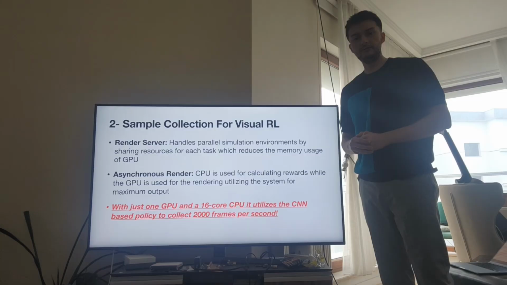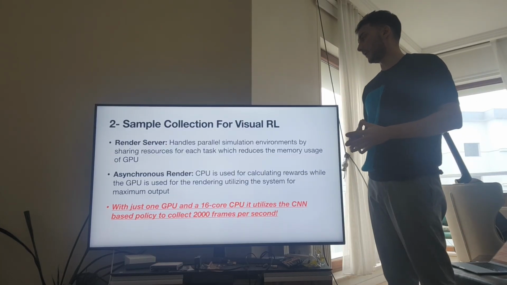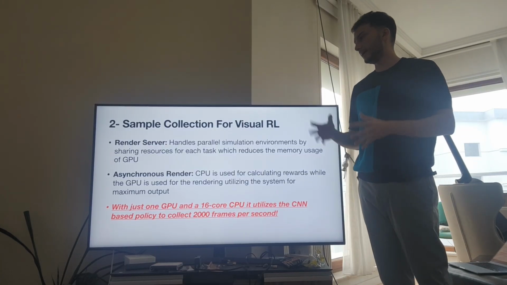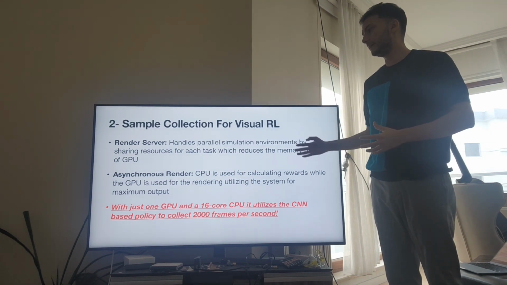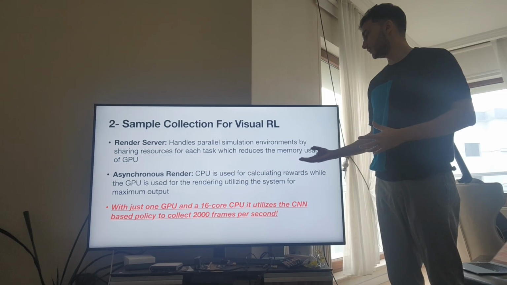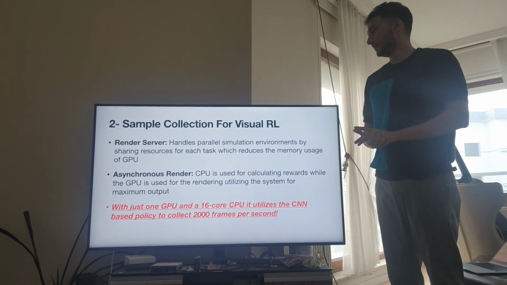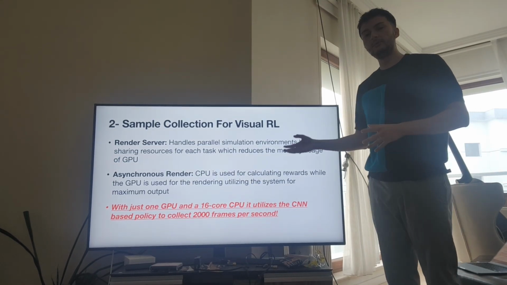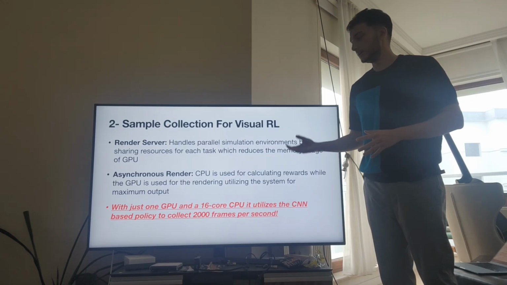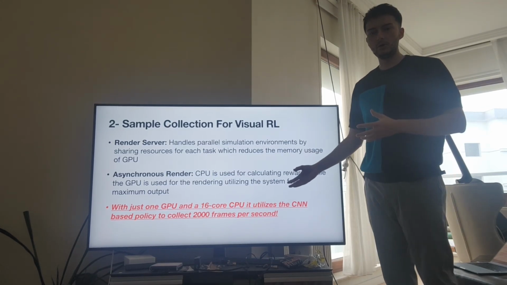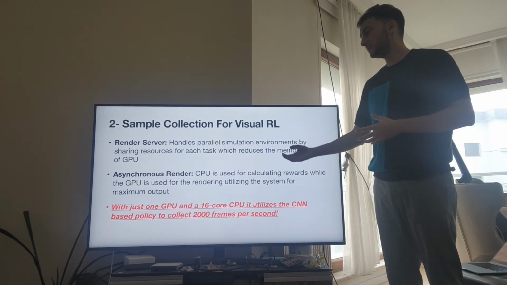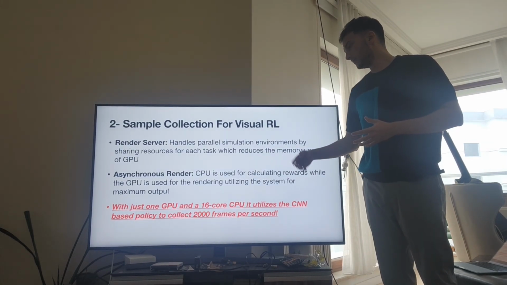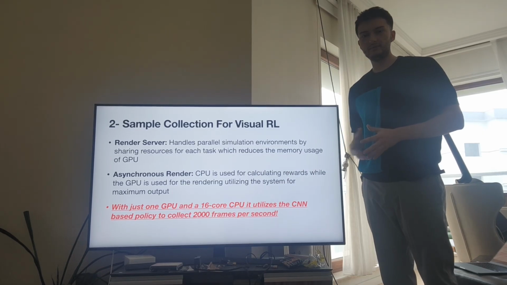So the second key feature is sample collection for visual RL, reinforcement learning, which is a high-speed version of it. The render server handles parallel simulation environments by sharing resources for each task, which reduces the GPU memory usage. So it tries to use less memory while computing these tasks. And asynchronous rendering, I talked about it earlier. The CPU is used for calculating the rewards, while the GPU is used for the rendering, utilizing the system for maximum output.